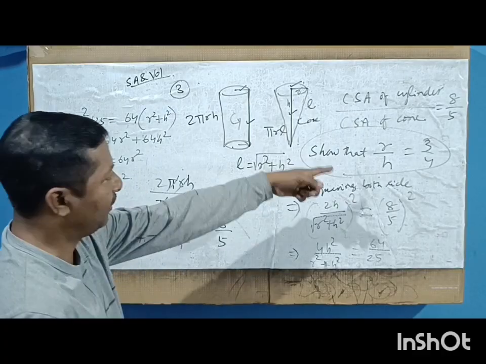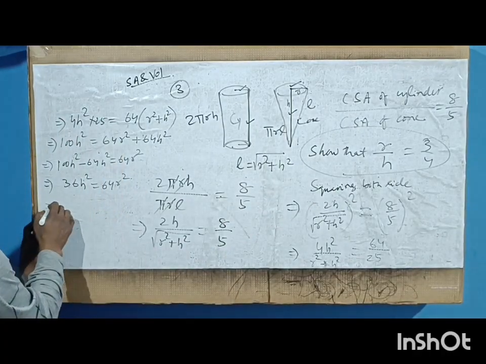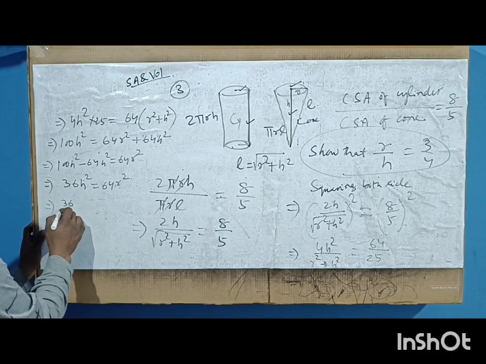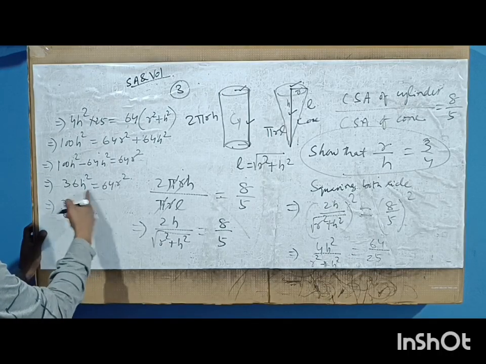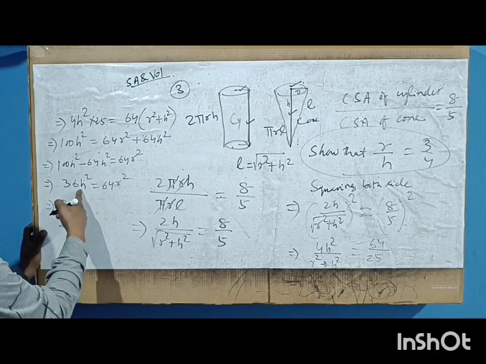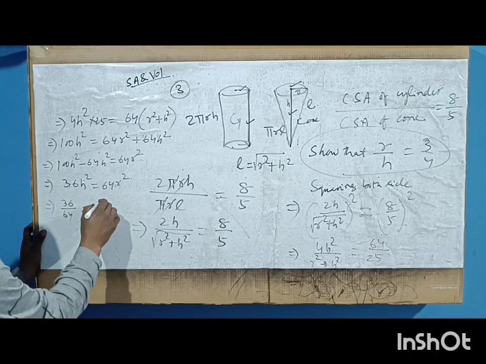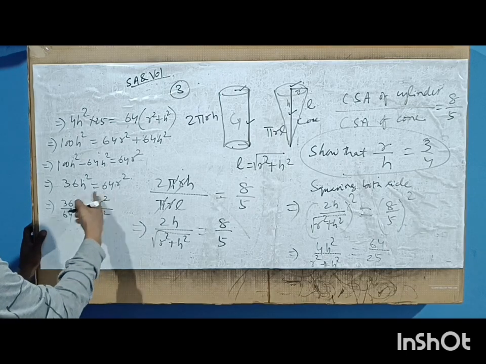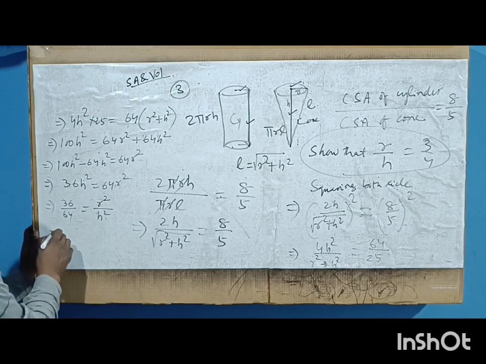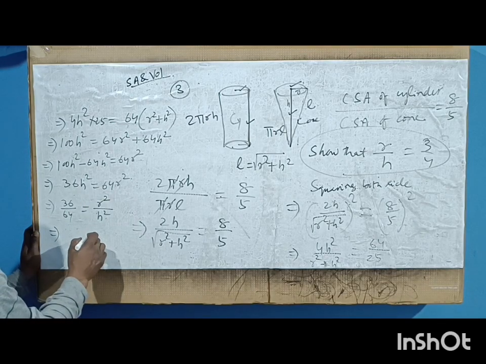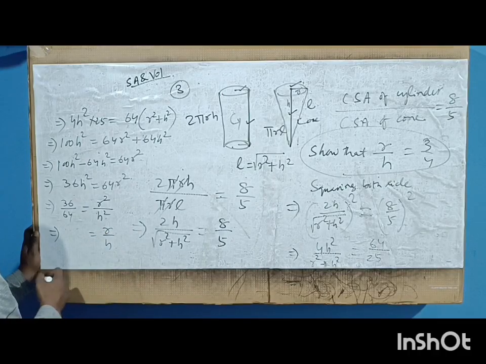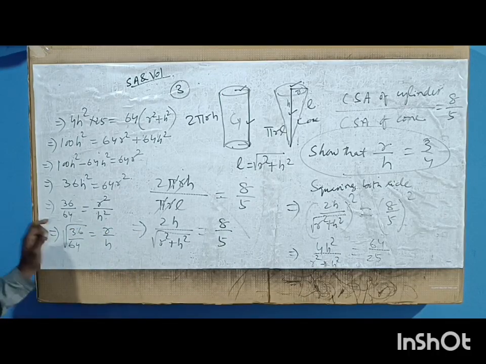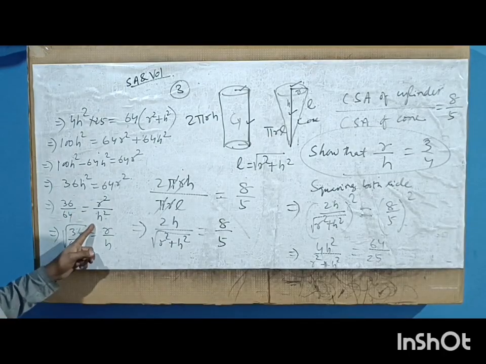I have to take R by H. So I am taking 36 by 64. I am taking 64 here and H square to this side. R square, and this will be multiplied, it will be divided on the other side. So R by H will be how much? Root of 36 by 64, because R square by H square is here.